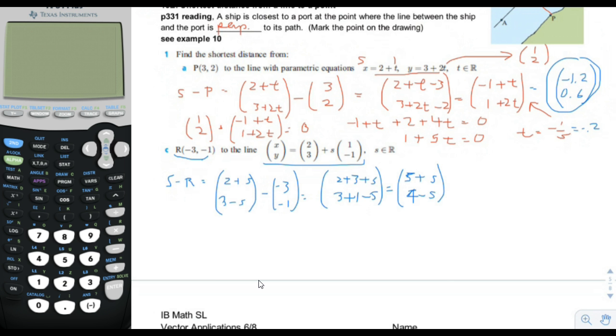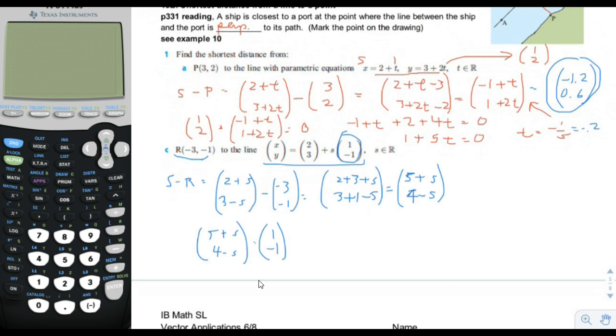Then we take the scalar product of this with the direction vector of the line. So we take (5 plus s, 4 minus s) scalar product with (1, negative 1).